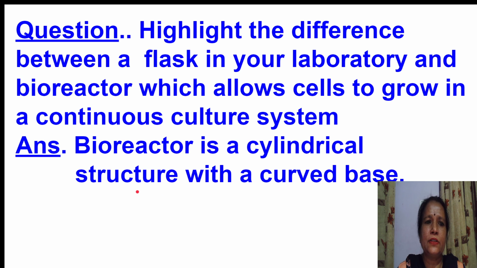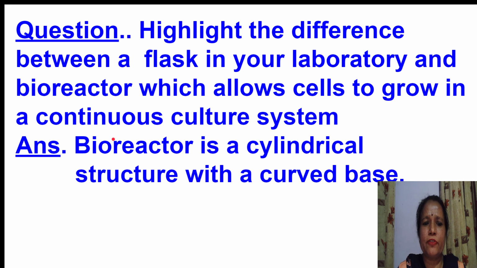Now highlight the differences between a flask in your laboratory and a bioreactor which allows cells to grow in a continuous culture system. So you have to tell the difference between the bioreactor and simply a flask which we use in a laboratory to produce the products.